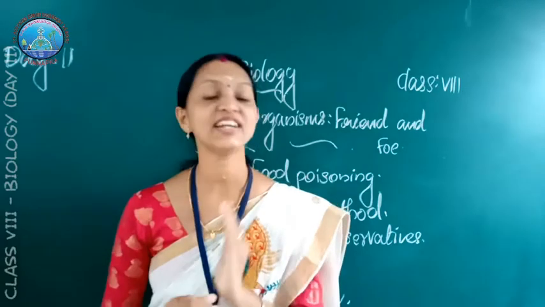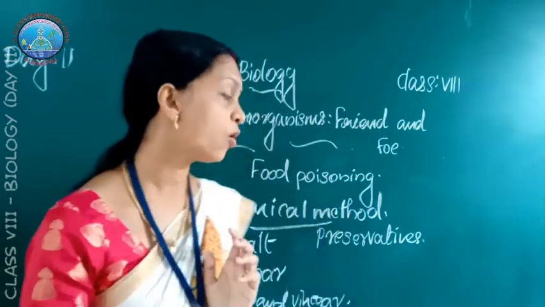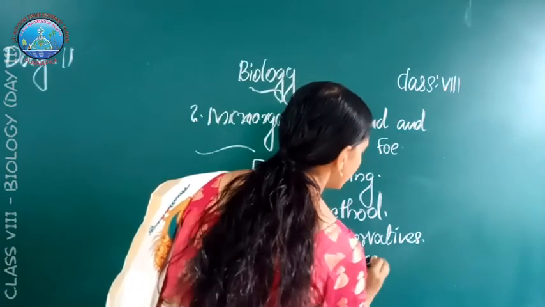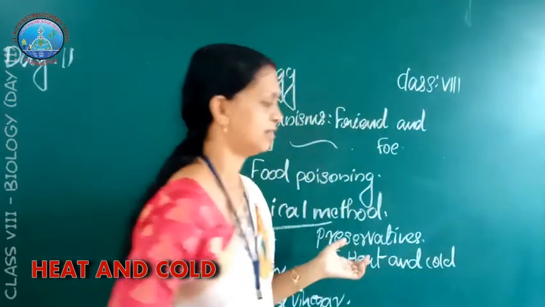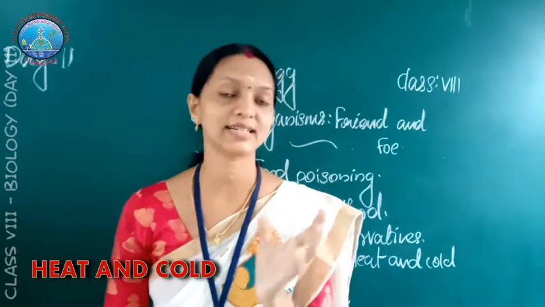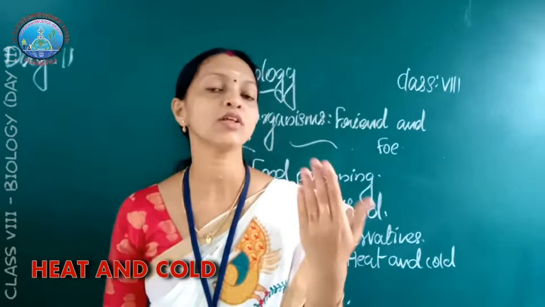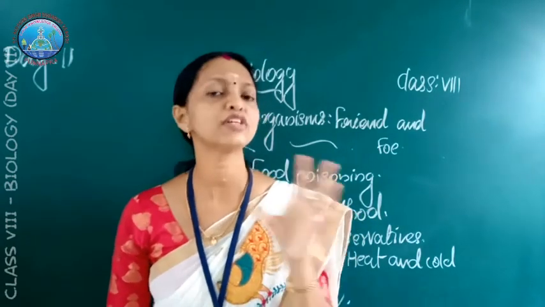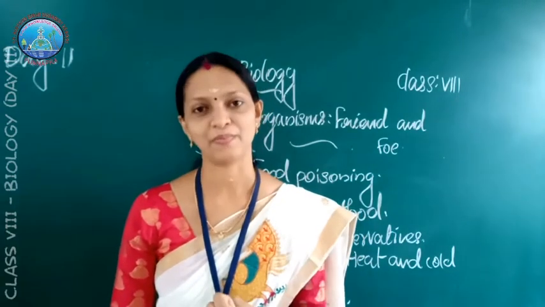The next preservation technique is heat and cold treatment. Some of the microorganisms cannot live in a hot atmosphere. For preserving milk, the milk should be boiled before we store it. Some food items should be cooked before they are stored.